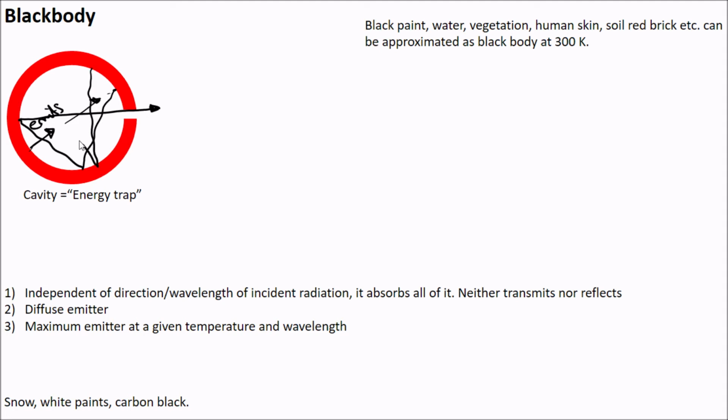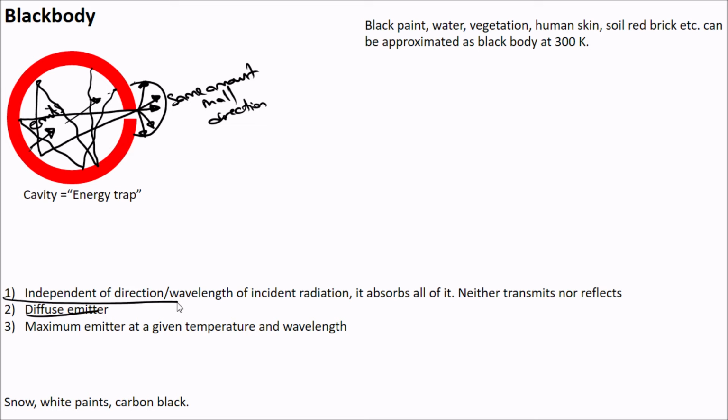It comes here, it goes there, it comes here, and leaves in that direction. Again, if you do this multiple times, you will have the emission of thermal radiation in all directions at the same amount. And therefore this one is the diffuse emitter.